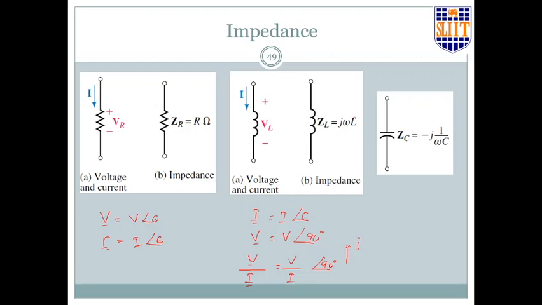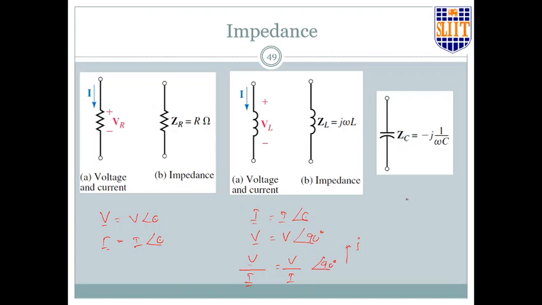So the value is omega L. We already found that earlier, but now you have a j there because the angle of the impedance for a pure inductor is 90 degrees, which is going upwards. So you see that imaginary components are involved in representing the reactances. Inductive reactance ZL is going in the positive direction of the imaginary axis, because there is this phase shift: voltage is leading the current. To represent that, you have this 90 degrees phase shift.